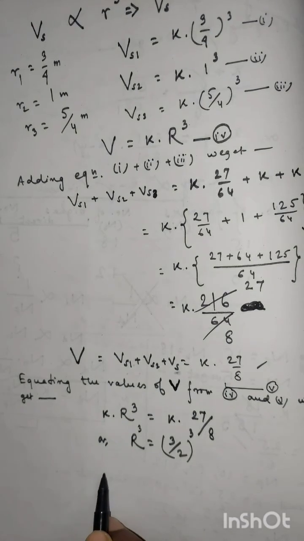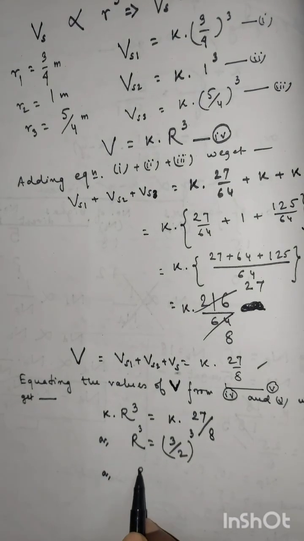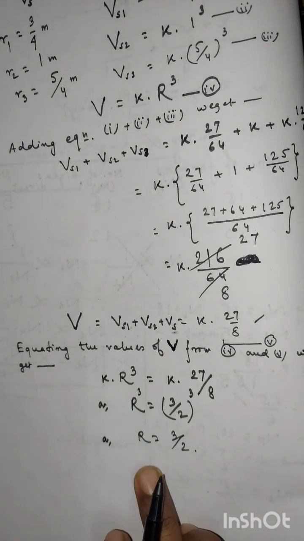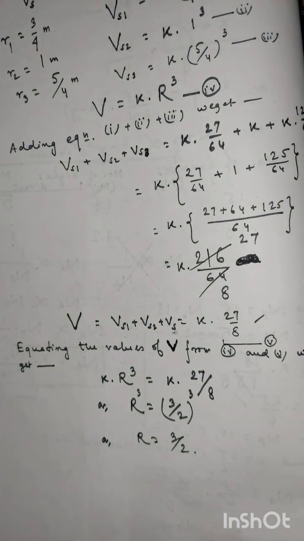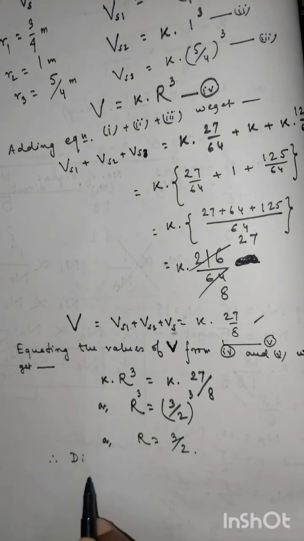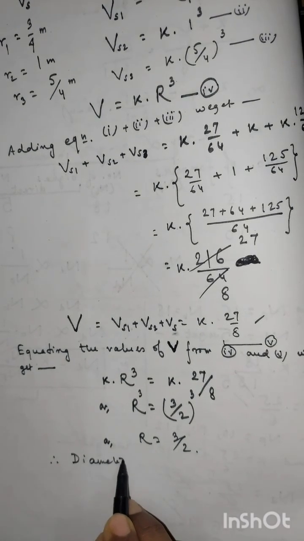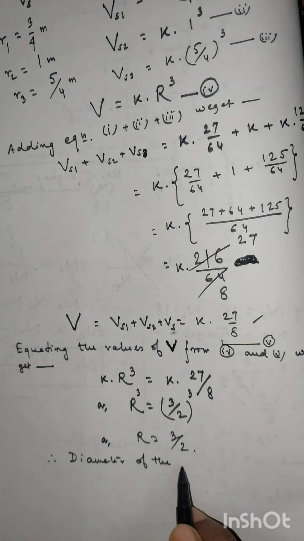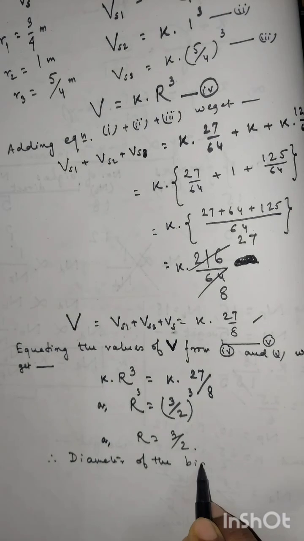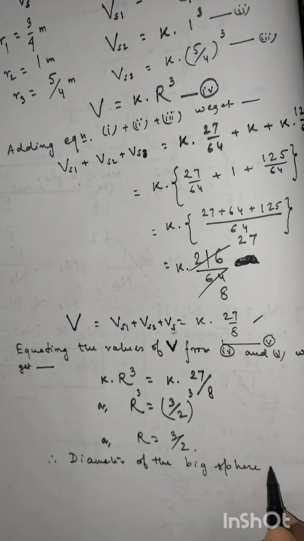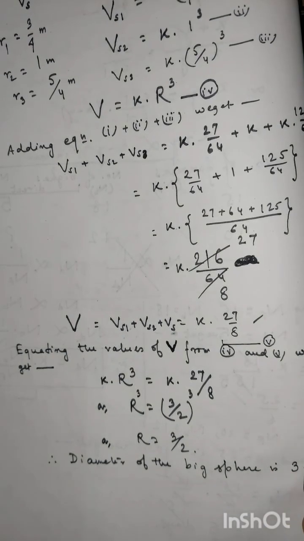So again we can write r equal to 3/2. So this is the radius of the big sphere. So therefore the diameter of the big sphere is 3 meter.